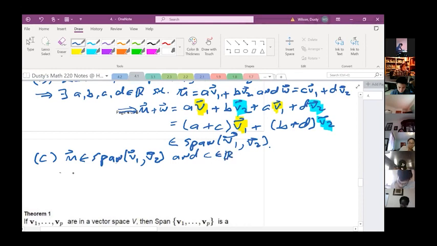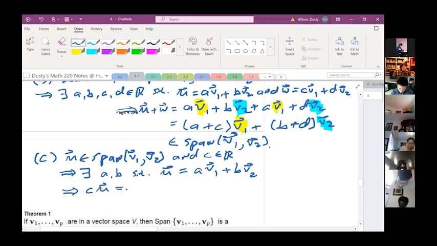Okay. Well, this implies that there exist A and B scalars such that U is equal to AV1 plus BV2, just like before, which tells us that CU is equal to CAV1 plus CBV2, which is, again, certainly in the span of V1, V2.